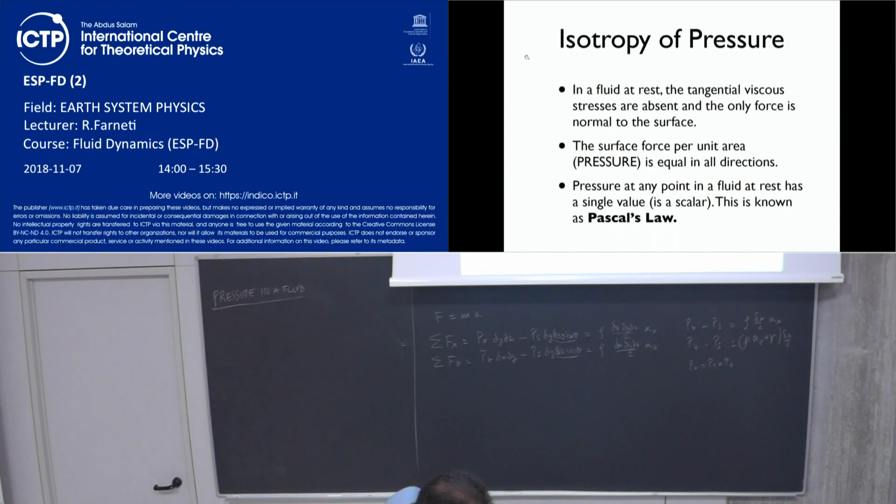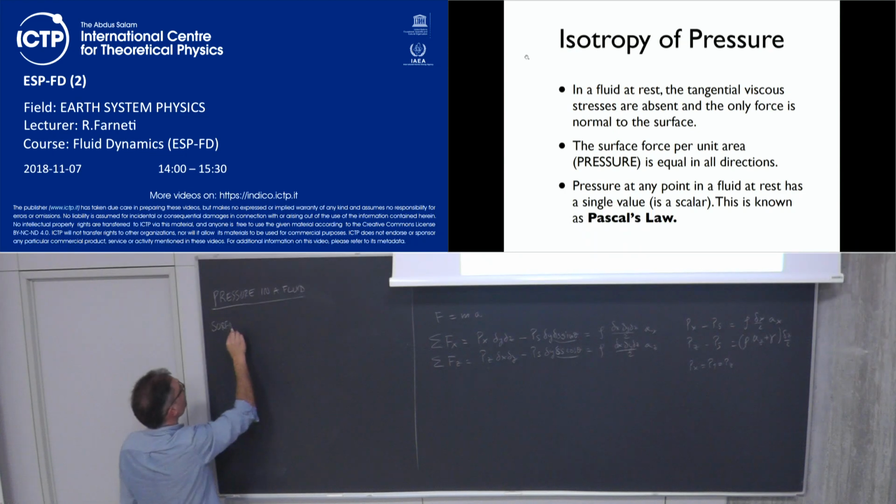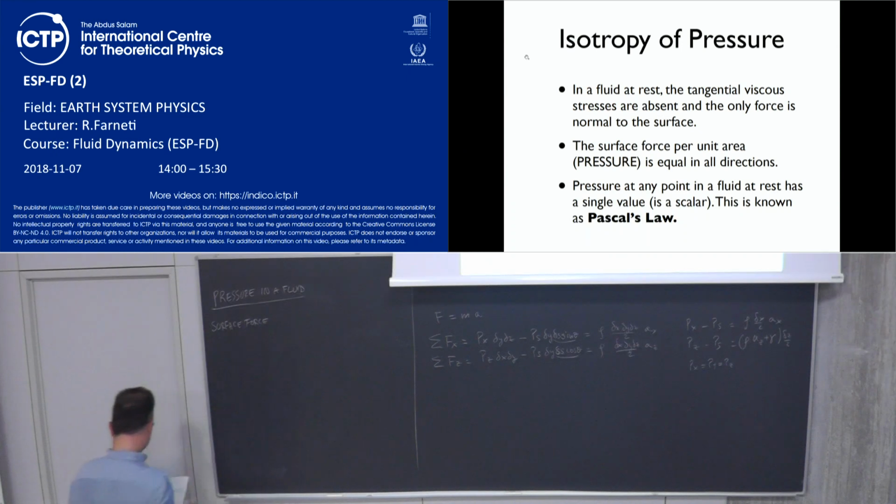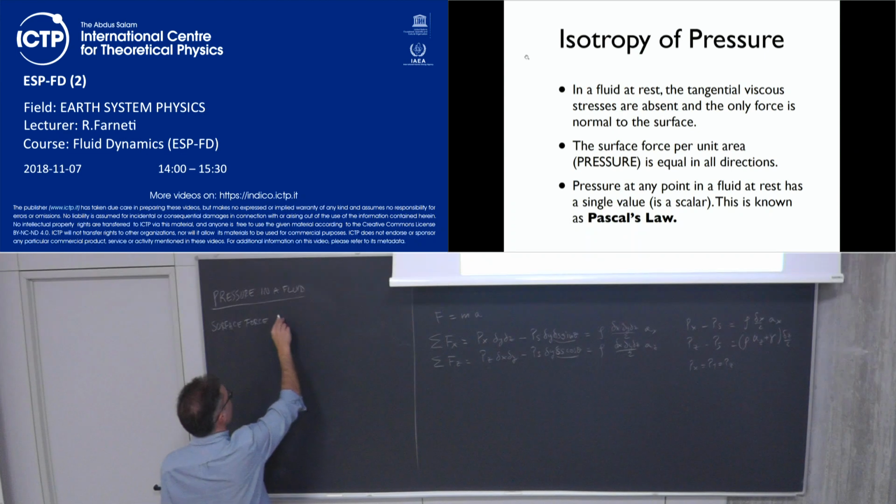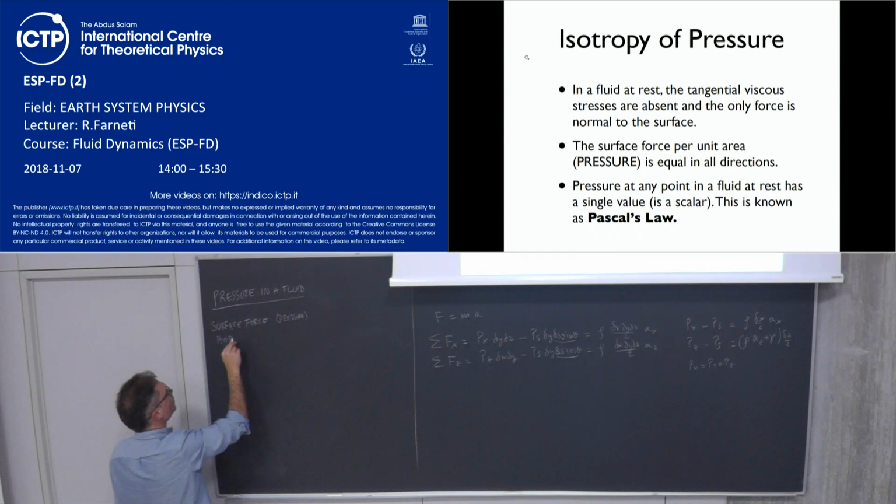In this small element of fluid, there are going to be two forces acting: a surface force, which is going to be pressure, and a body force.